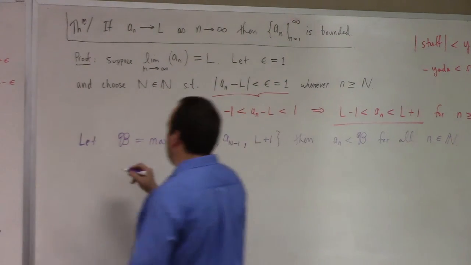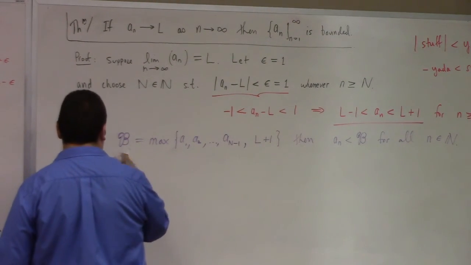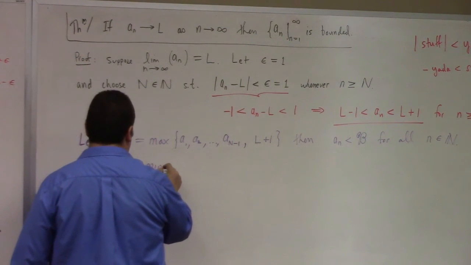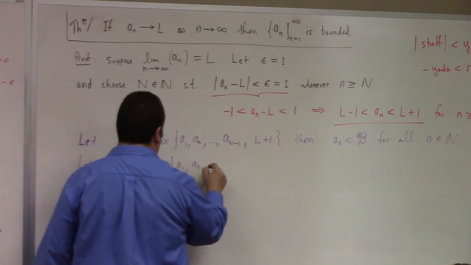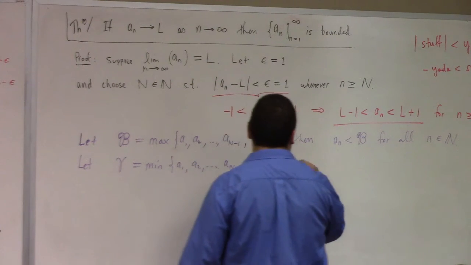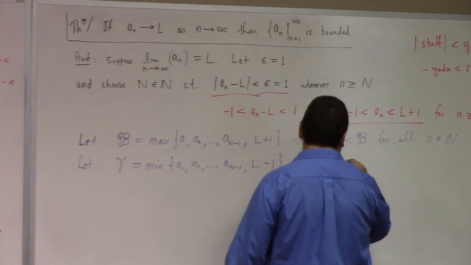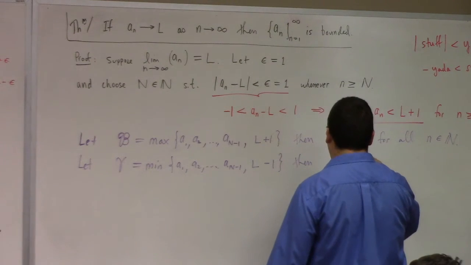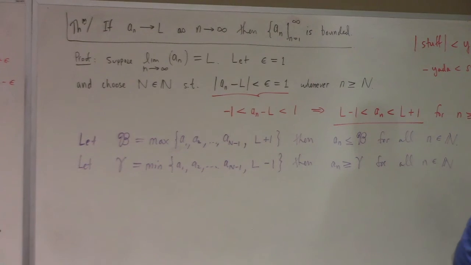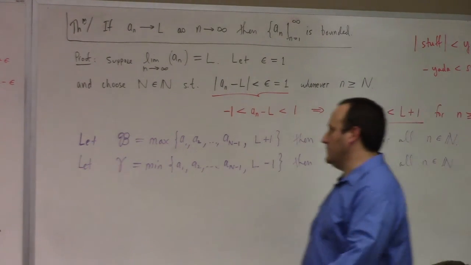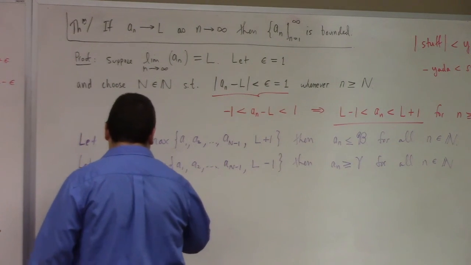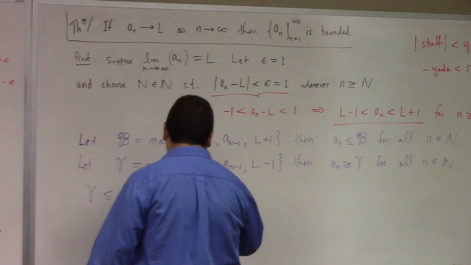And if you let, I need some other letter, let's say gamma, equal to the minimum of a1, a2, up to a sub N minus 1, and L minus 1, then a sub n is greater than or equal to gamma for all n in natural numbers. So in total, we have that gamma is less than or equal to a sub n is less than or equal to big B for n in the natural numbers.